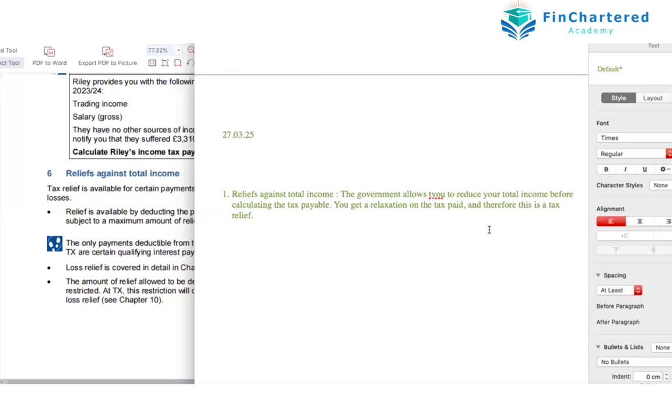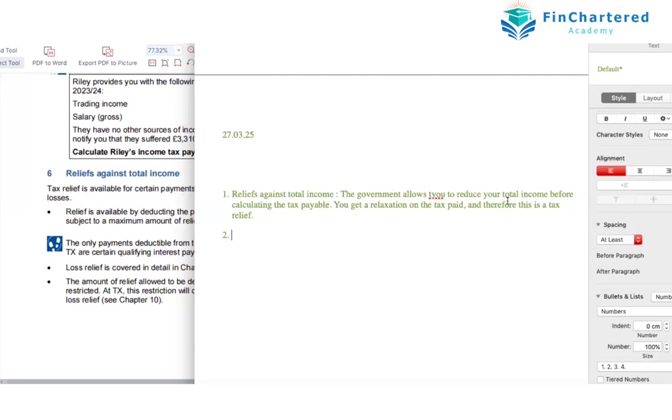Okay. So the government is allowing you to reduce your total income before calculating tax.